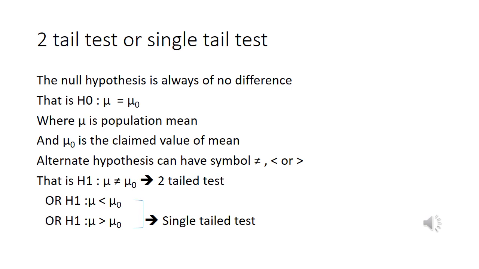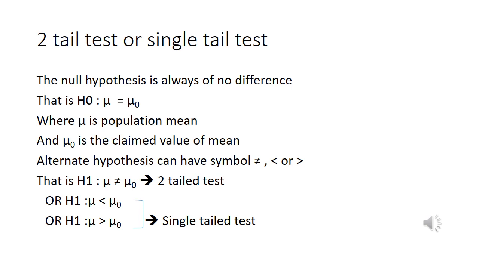Suppose you have administered a particular type of fertilizer on a particular crop, and now you want to say that the production is more than average. Because of this fertilizer, the production has increased.